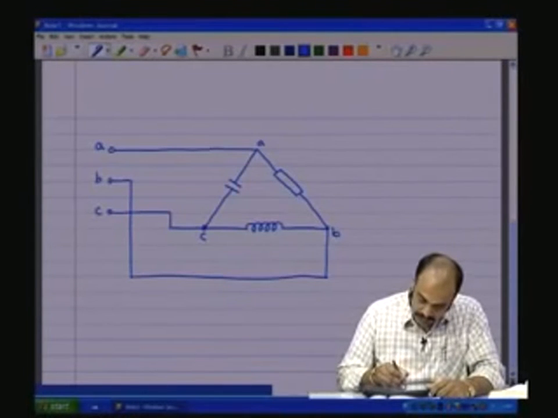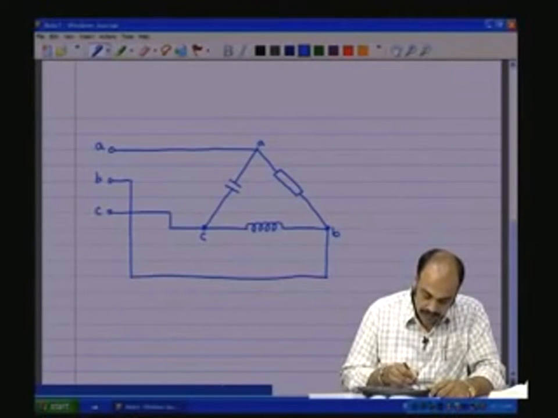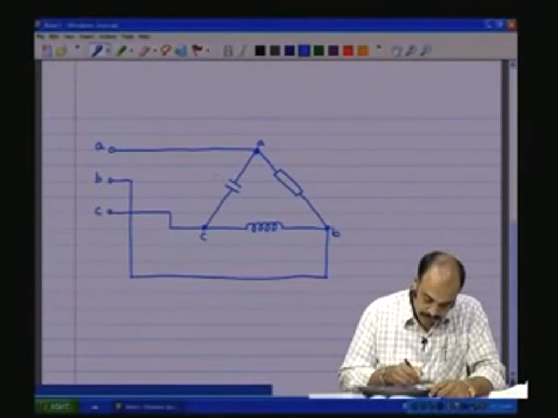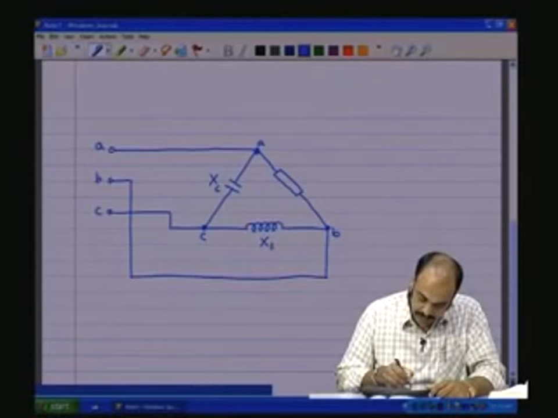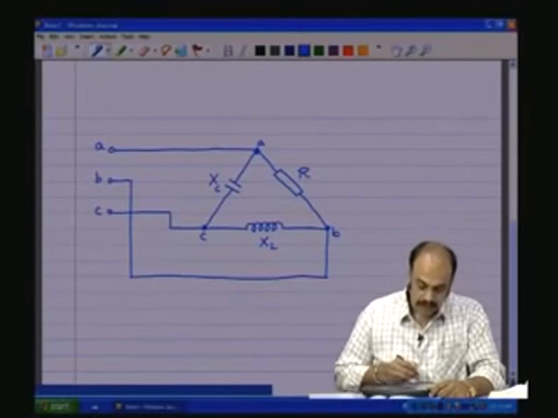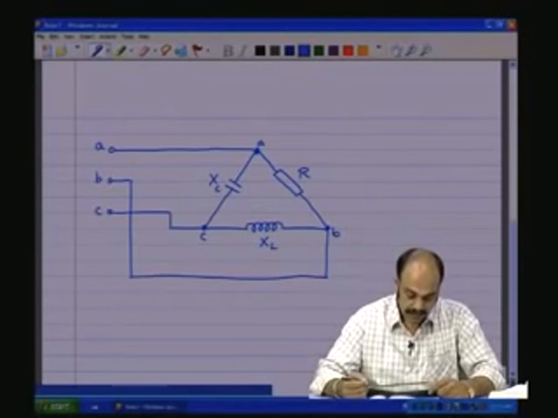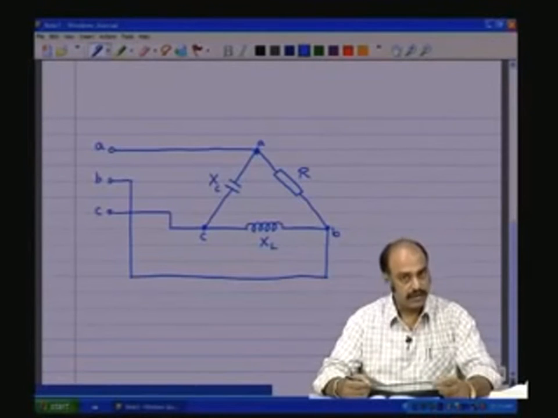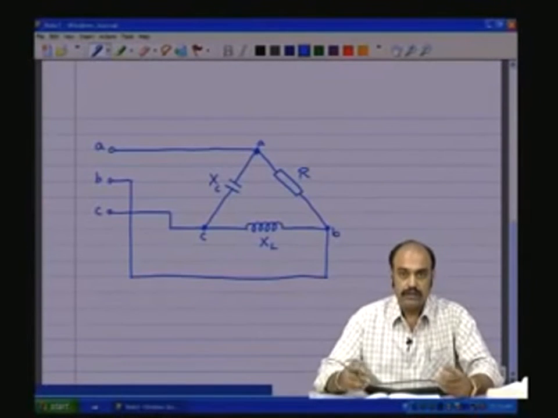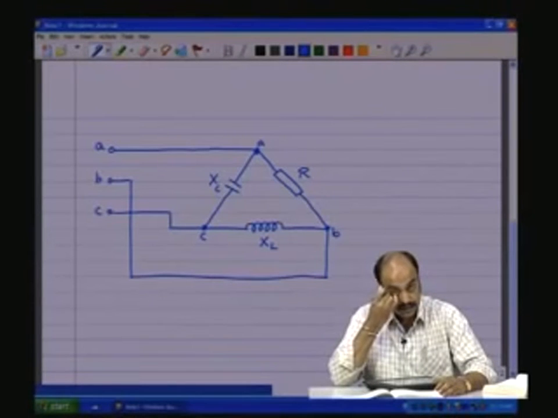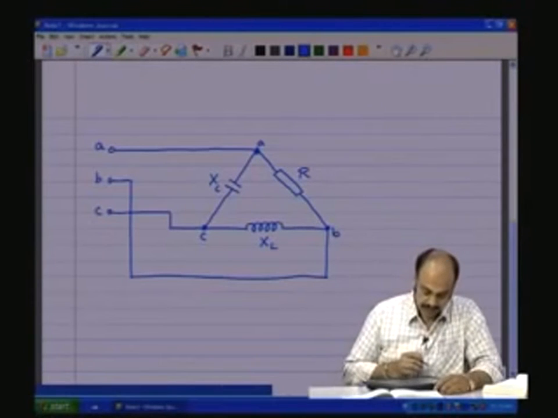So, these are the three delta point terminals. You have XC, XL and R. Each phase is having a totally different type of impedance, and the impedance values are not the same, and therefore the load is an unbalanced load. So, under these conditions, what is expected to happen?